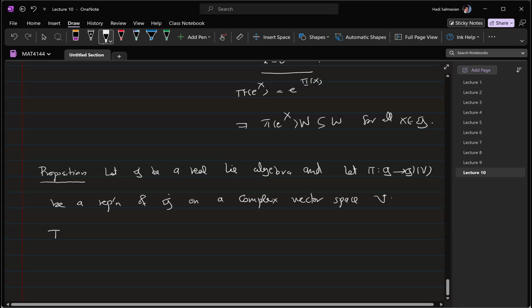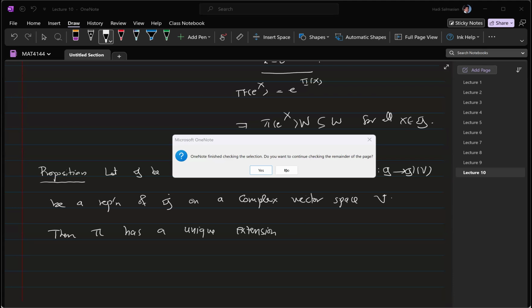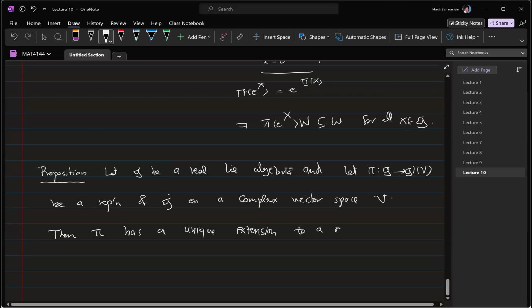Okay, so then pi has a unique extension to a representation. I denote it by pi sub C.